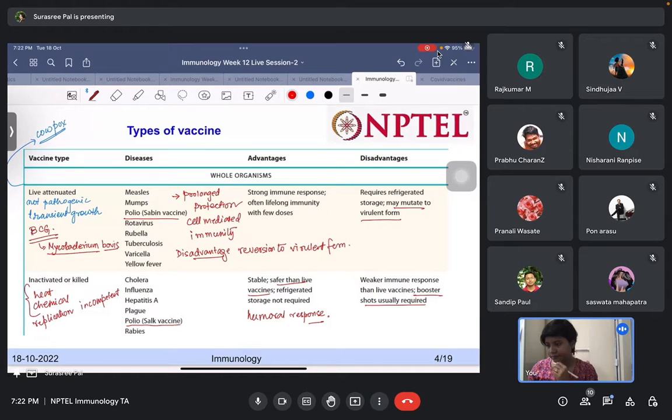So we can see that the cholera vaccine and the influenza vaccine, the yearly flu shots that are given, are basically inactivated or killed vaccines, and also hepatitis A, polio, and rabies vaccines are inactivated or killed vaccines.